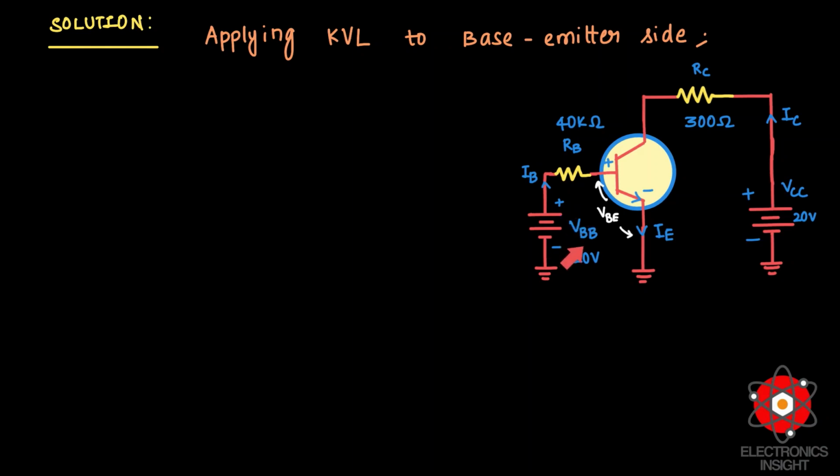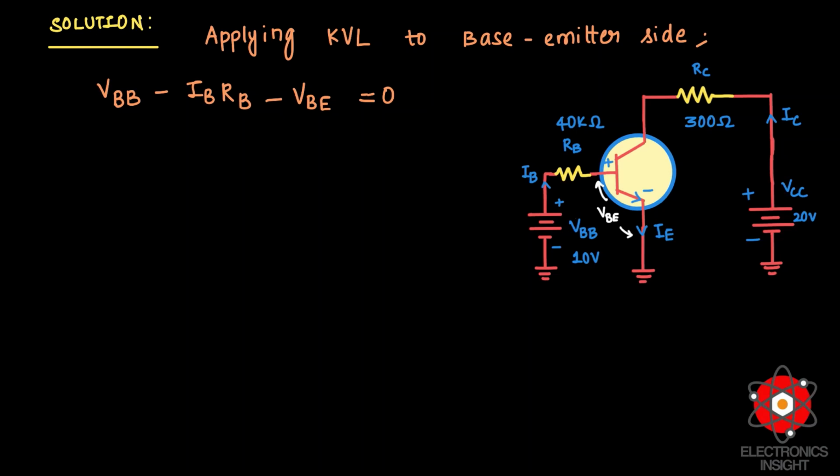It will be VBB minus IB RB, the current through this base resistance, and then we will have VBE, the voltage drop across the base emitter junction. So we write the equation as VBB minus IB times RB minus VBE equal to 0. The sum of all the voltages around the base emitter loop is equal to 0.